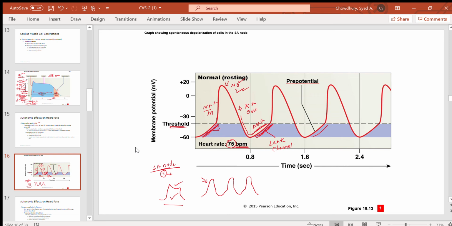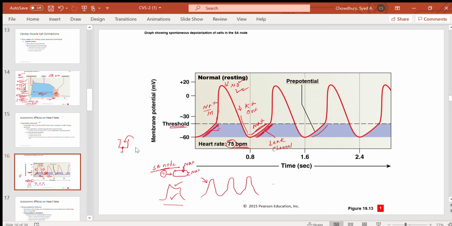So that means, you see, this is a cell in the SA node. In the first part of depolarization, sodium is getting in, but through some leak channels, a small amount of sodium is leaking out, okay? So more sodium is getting in, so it will move towards positive, but since some is leaking out, like in a container, if there is a leak and you put water, then some water will get out, right?